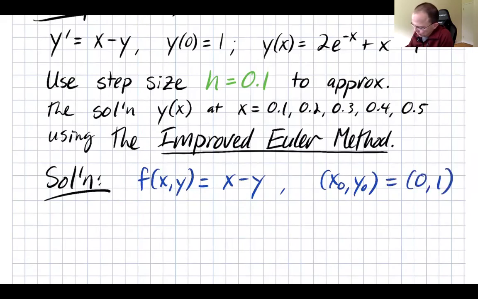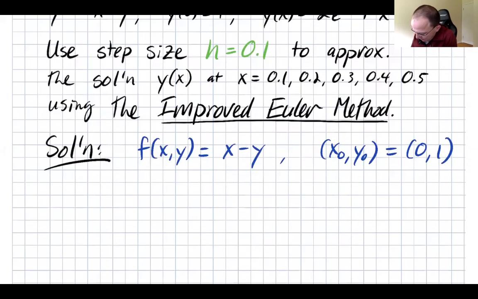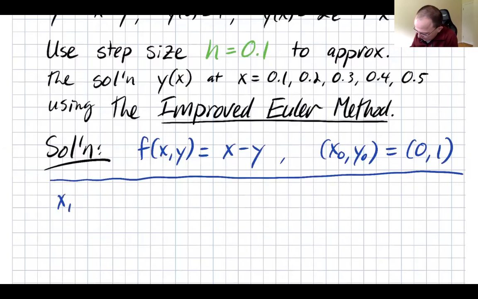And then we'll use this true solution when we want to compute the error in our approximation. Okay, so let's get started. So first of all, x1 is x naught plus h, and that is going to be 0.1.